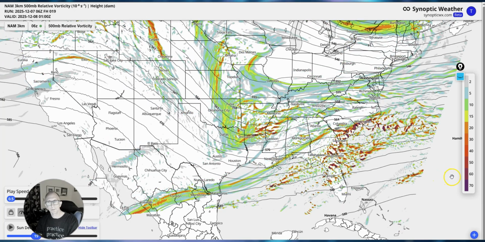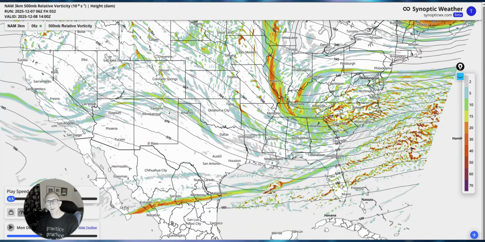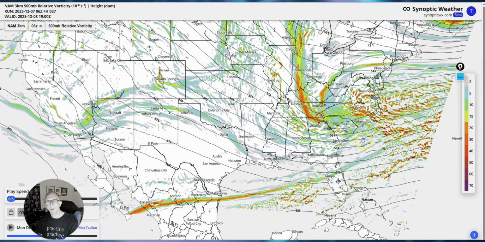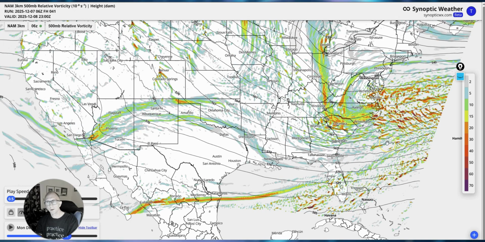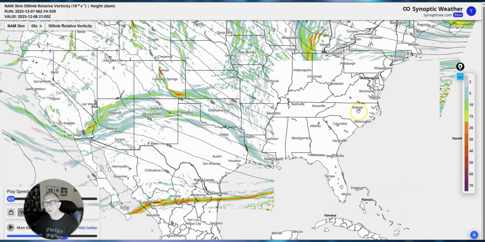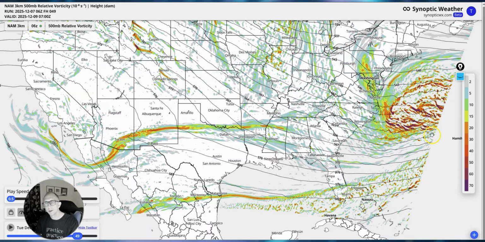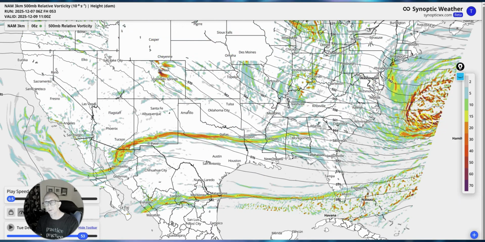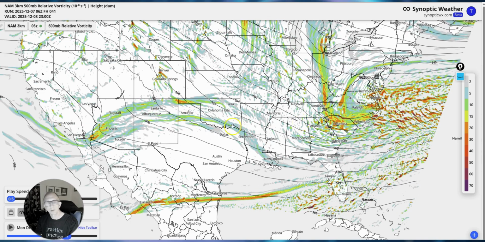Short term energy diving to the south here, some more energy here. This is 4 p.m. right? So not an extremely strong storm here, but it really gets going when it gets further offshore, but not that intense, right?